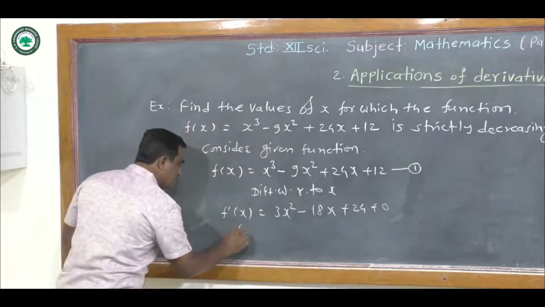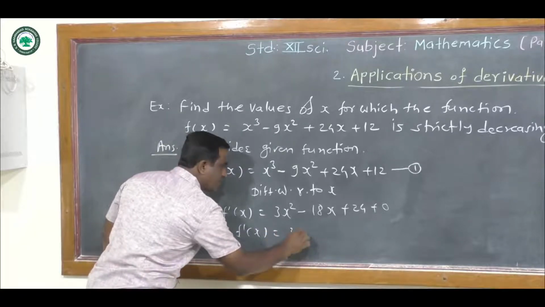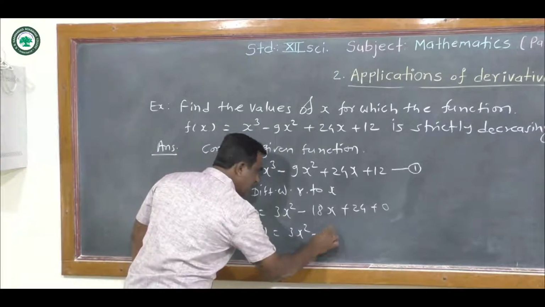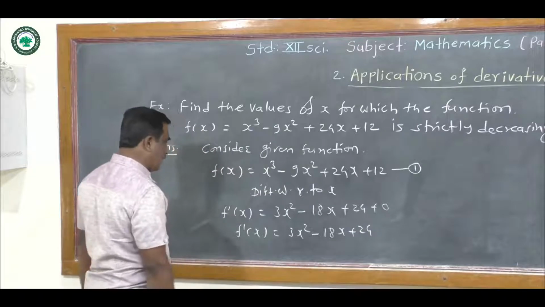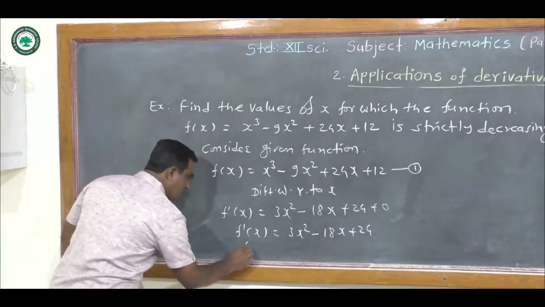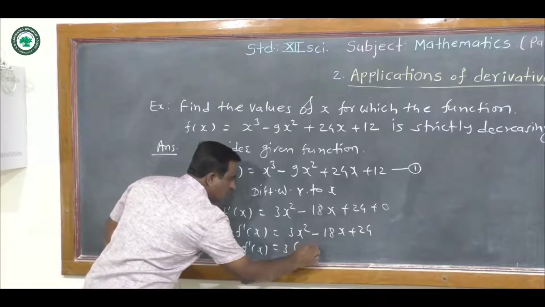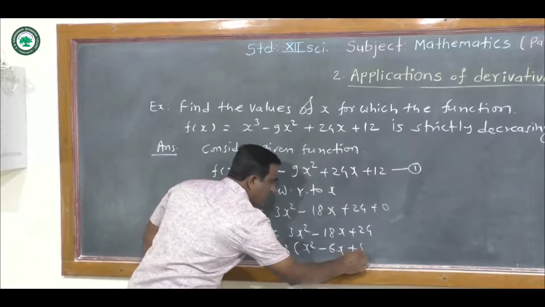That is f dash of x is equal to 3x square minus 18x plus 24. Now we can take 3 common here. f dash of x equal to 3 into x square minus 6x plus 8.